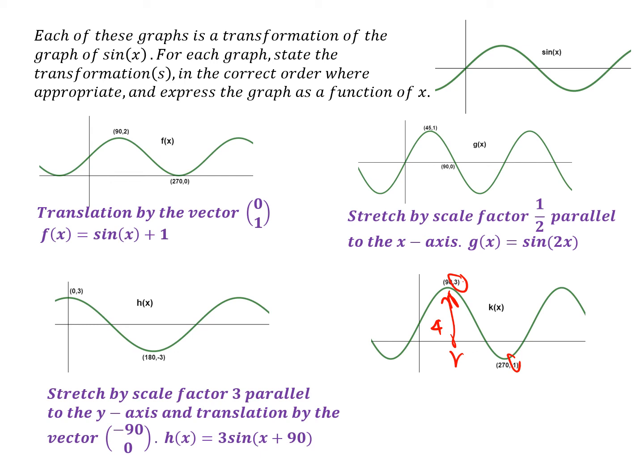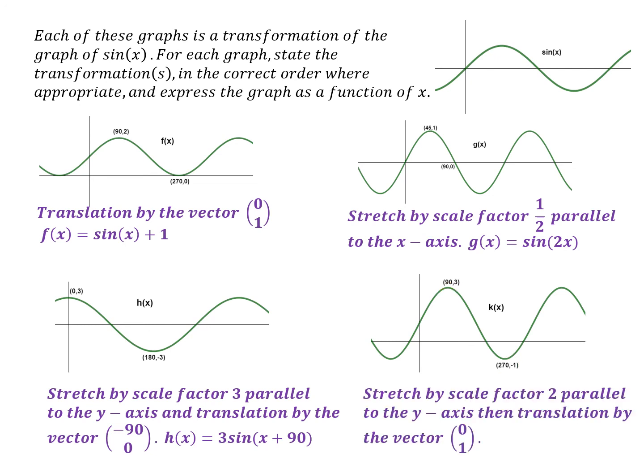The x values are as we would have expected, 270 there and 90 there for the minimum and maximum figures. But we seem to have translated the graph up as well by 1 unit. So that means we've got two transformations: a stretch by scale factor 2 parallel to the y-axis, and a translation by the vector 0, 1.